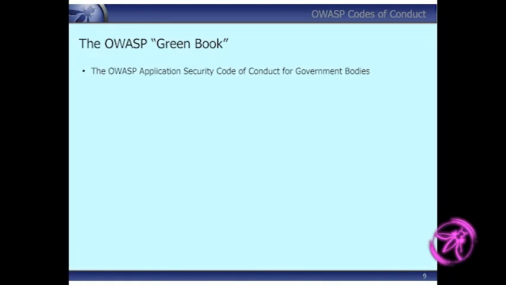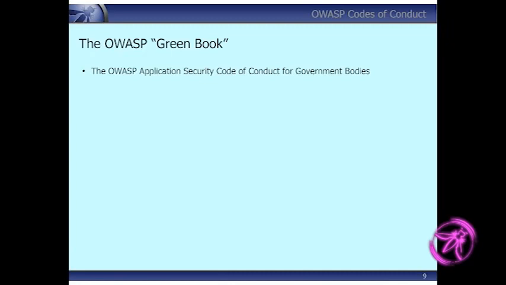The green book's aimed at government bodies, so this would be local, national, regional government, but also departments, directorates, agencies, and any other sort of statutory body, because obviously the names might be different in different regions of the world.